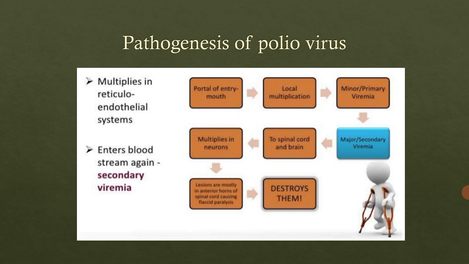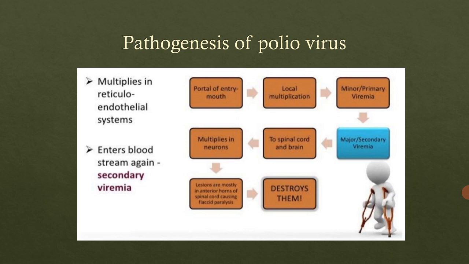Then the secondary viremia. The first viremia will be minor. The secondary viremia means the virus enters the bloodstream again. First they multiply, that is the local multiplication, and due to that the primary viremia.